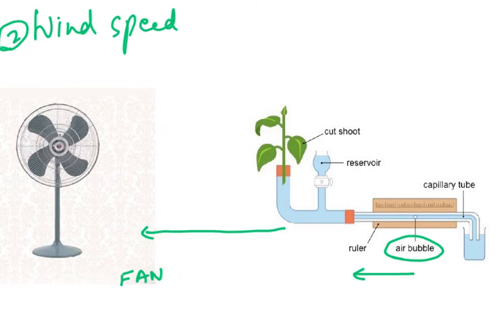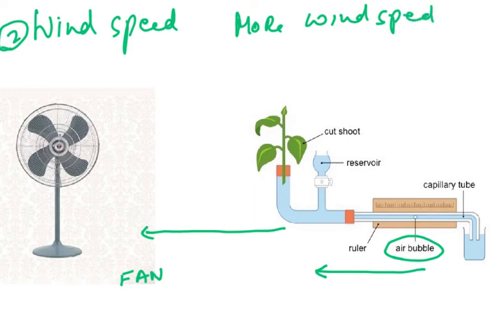And you can do this experiment and see how the bubble moves. Is it moving faster? Is it moving slower? Scientifically, the more the wind speed, if the fan is nearer to the potometer, the more the rate of transpiration.